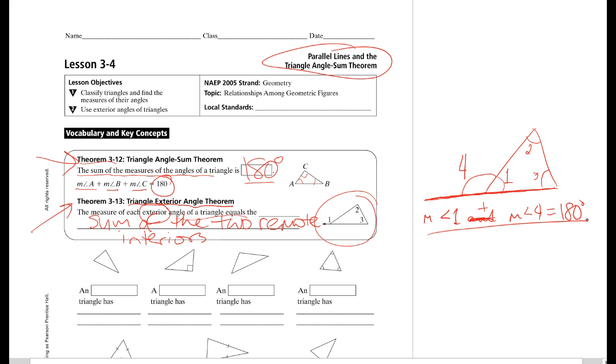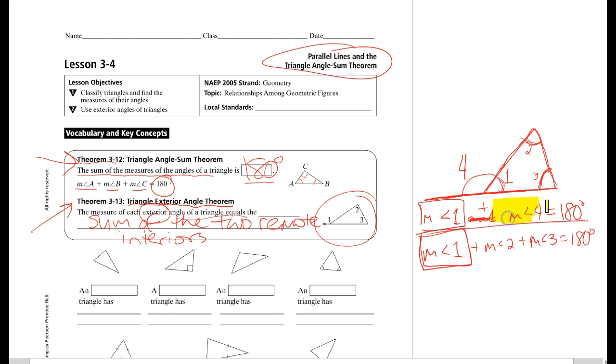Well, wait a minute. What about the inside of the triangle? Well, it's like this. We know that measure of angle 1 and measure of angle 2 and the measure of angle 3 add up to 180. So here we go. Measure of angle 1 plus measure of angle 2 plus measure of angle 3. Those add up to 180. So that must mean if I have the measure of angle 1 here and it appears again down here and I'm adding something to it, here, let's go highlighter.